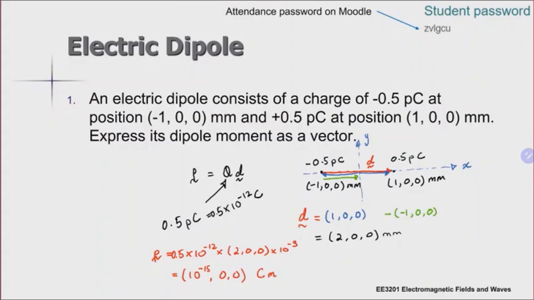Okay, so that's the dipole moment of the two charges of minus 0.5 picocoulombs and plus 0.5 picocoulombs, separated by 2 millimeters between them.